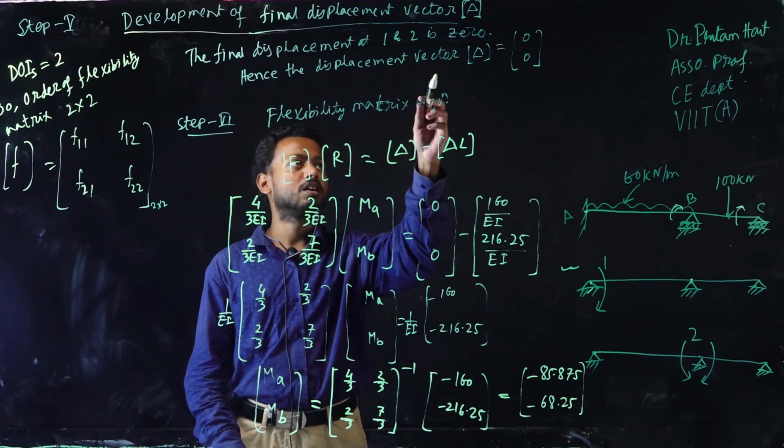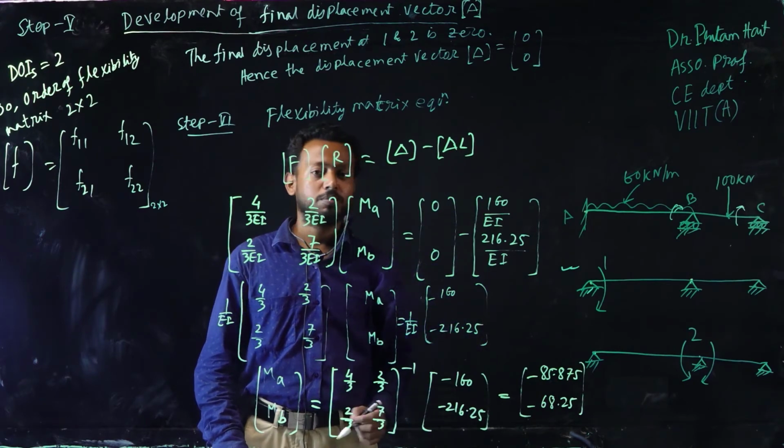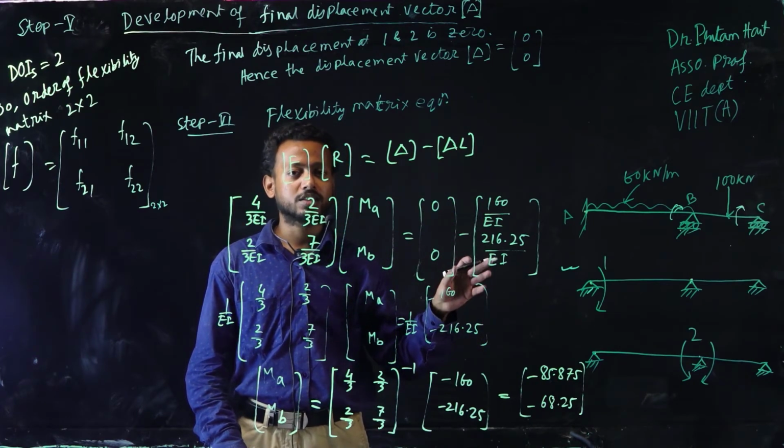Hence the displacement vector delta equals 0 0, means ultimately they cannot move in either direction.